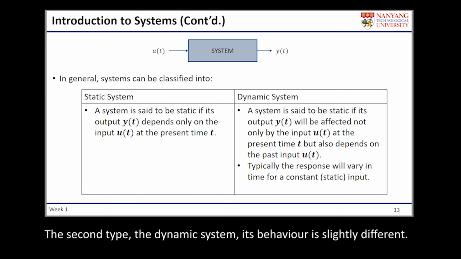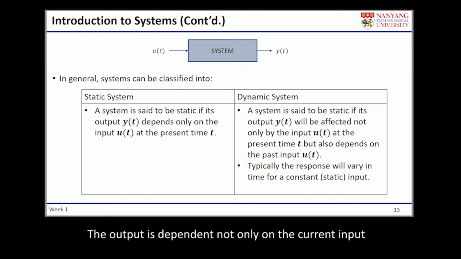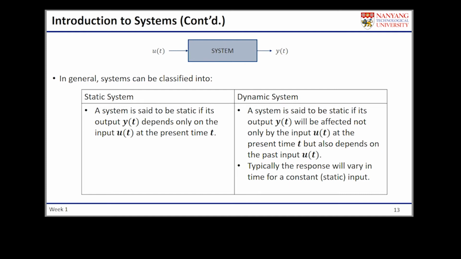The second type, the dynamic system, the behavior is slightly different. The output is dependent not only on the current input, but it also depends on the past input and sometimes also on the past output. Okay, so in dynamic system, the response is not only depending on the current input.